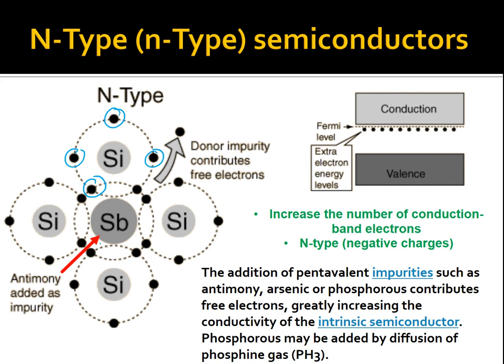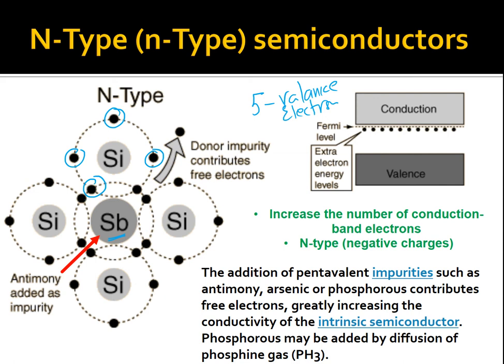Then we add the impurity, antimony, which is a pentavalent material, so it has 5 valence electrons.